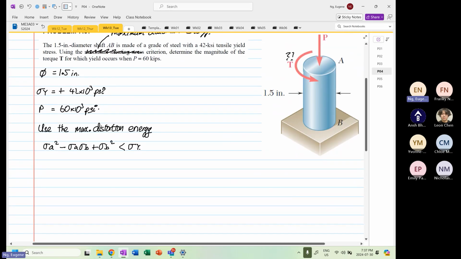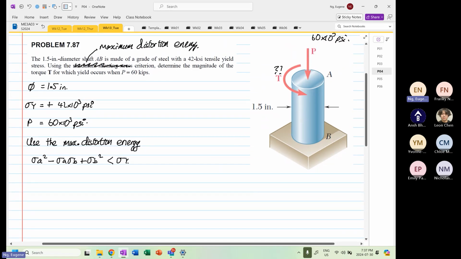We know the structure is under compression over here, and based on maximum distortion energy, the yield in tension is equal to the yield in compression, and this is equal to minus 60 times 10 to the power 3 psi.